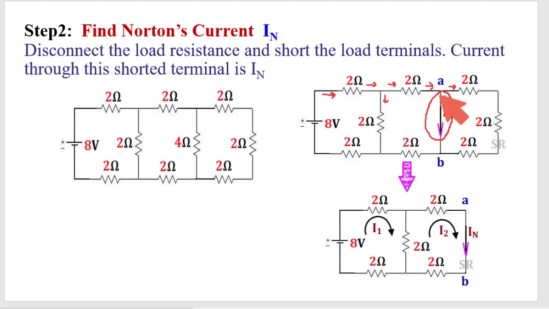So all the current will flow in this direction, and no current will flow in the other. So this portion of the circuit I may omit. Ultimately this is the equivalent circuit, and up to here is IN. Now this is the circuit from where I need to calculate the Norton current.